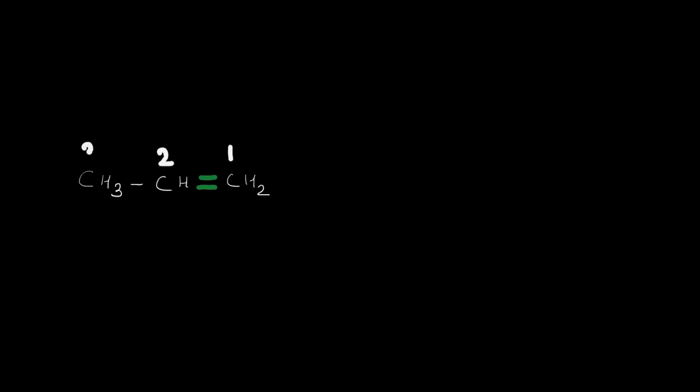If I go like this, I am getting the double bond at position 1. But if I go the other way, I'll get the double bond at the second position, and this will be wrong. This is correct. The carbon which contains the double bond must get the least count.